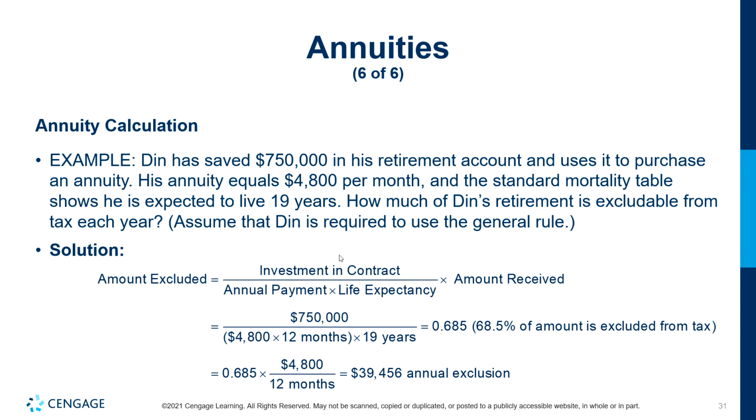Not bad. So from this, you basically have the percentage multiplied by 4,800 divided by 12 months equals $39,456 annual exclusion.